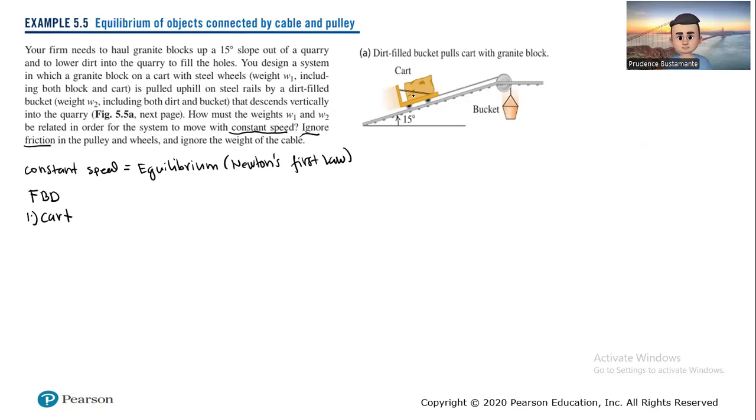Okay, let's do the cart first. So there's no friction, but there is a normal force. There is a weight force. Okay, this is our y, and this is our x. So we see that there is a tension here, T. Okay.